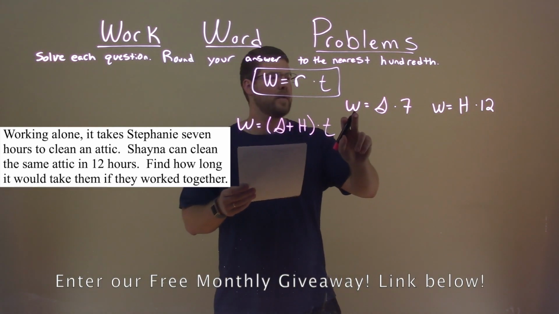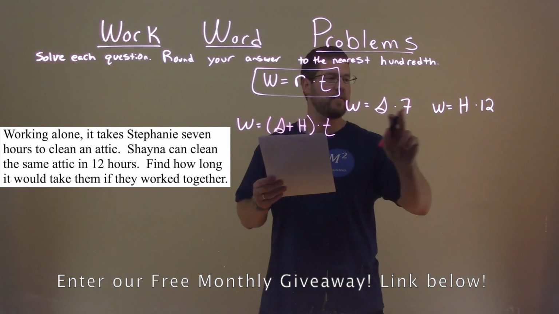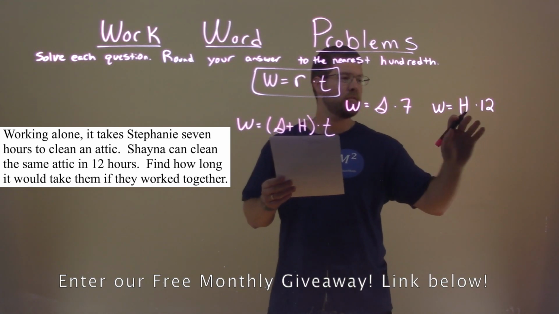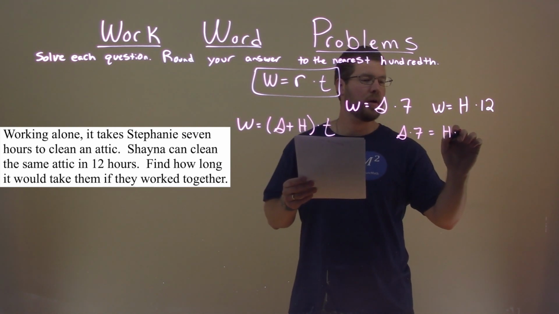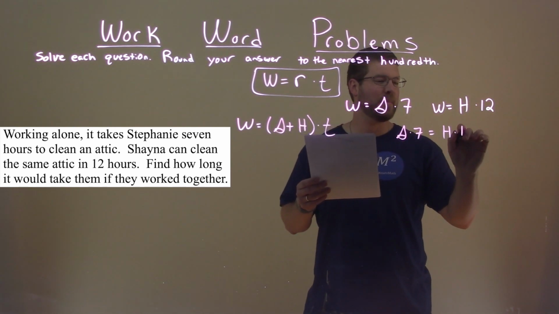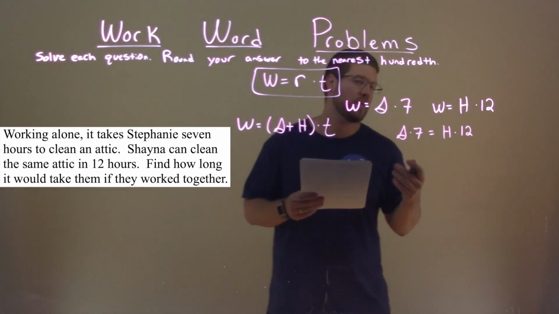Well, notice that the cleaning the attic, they're both at variable W. So we can set these two parts equal, S times 7 equals H times 12. Now we're going to solve for S.